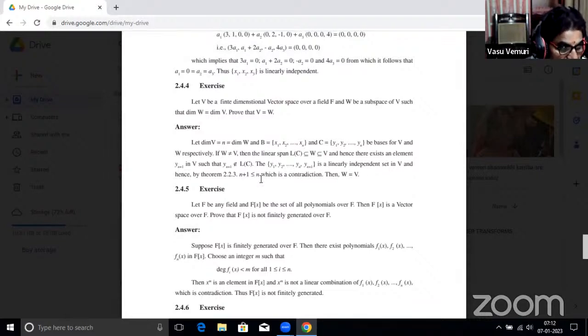Therefore m plus 1 does not exceed n. So when the two subsets are equal, that is also linearly independent. Then that is a contradiction. So the dimension of W equals V. Then automatically the vector space and subspace must be equal.